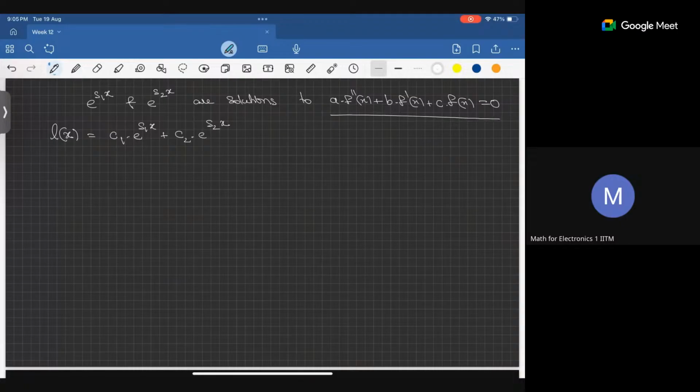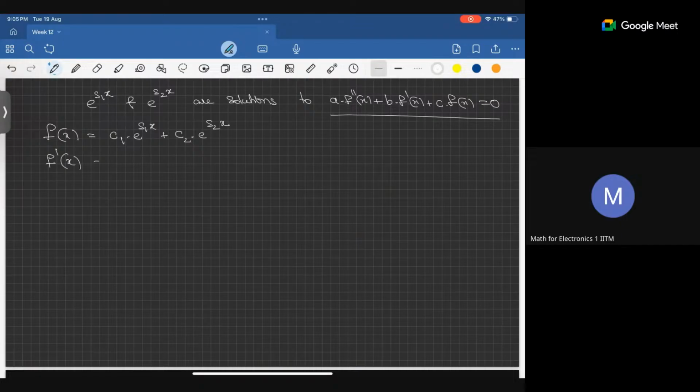That means if I substitute this function in this expression as f of x, it should be satisfied. Right? So in other words, I claim that this f of x will be the linear combination of these two solutions. And we can prove that by checking. Right?